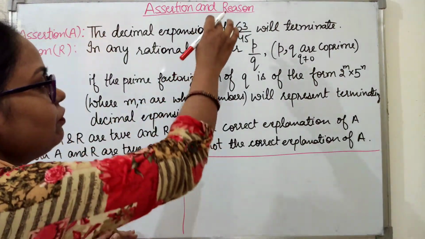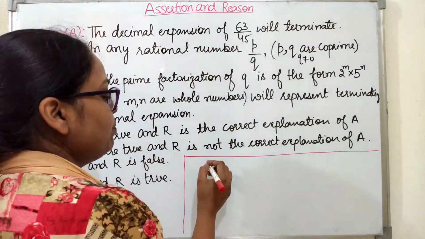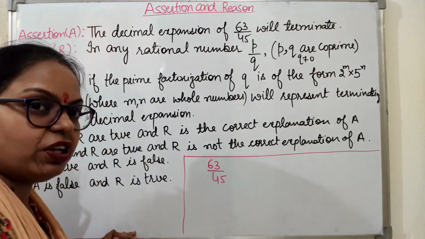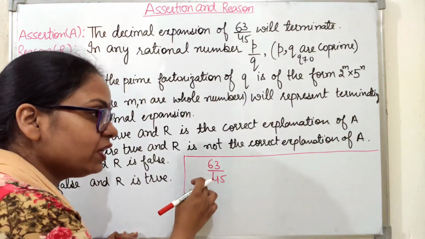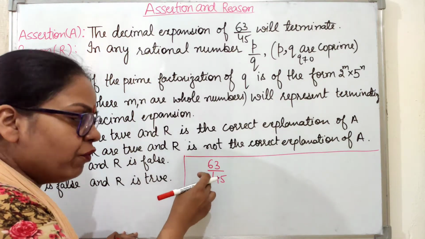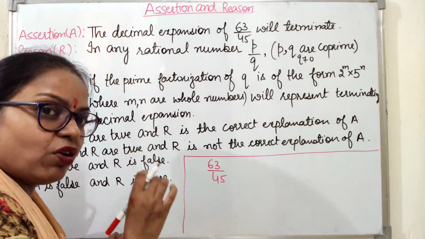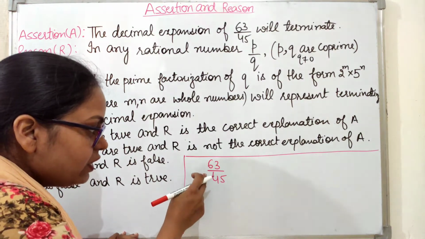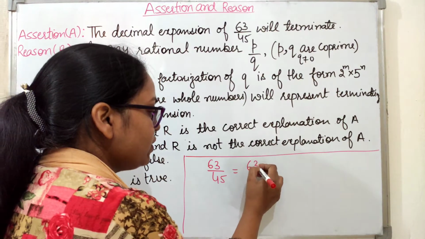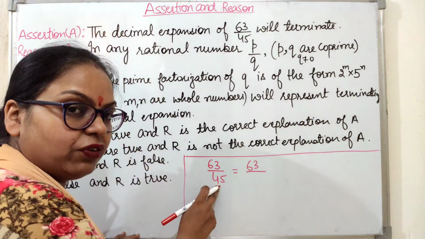So first of all, we will check 63 by 45. First of all we have to check whether this is in the lowest form. Lowest form means is there something common? If you see, there is a common factor here. So let us write the prime factorization of 45.